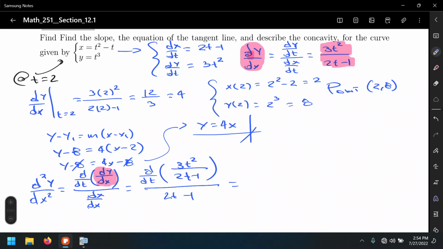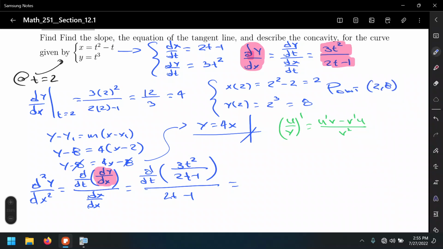Let's recall what the quotient rule for differentiation is. When you have a function of the form u over v, its derivative is u prime v minus v prime u, the whole thing over v squared, that is the denominator squared. That's what we're going to apply to differentiate 3t squared over 2t minus 1.